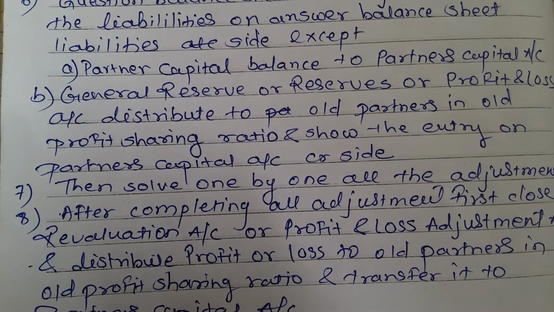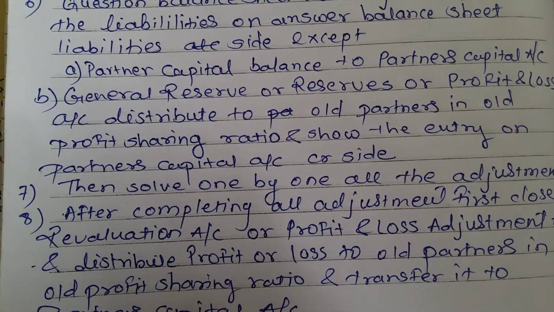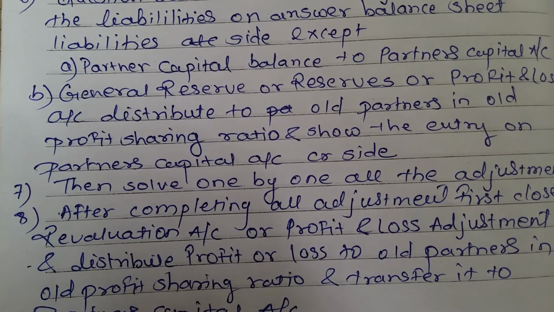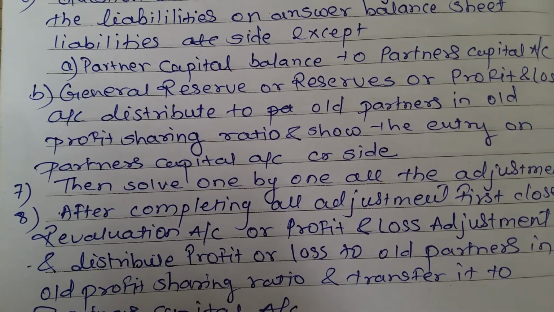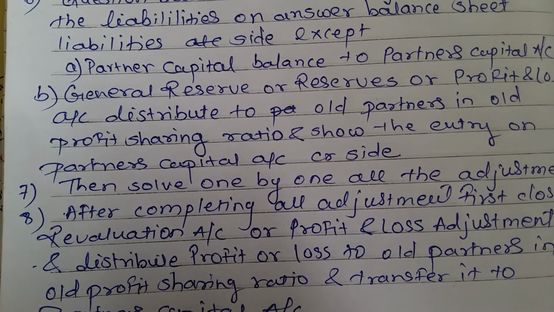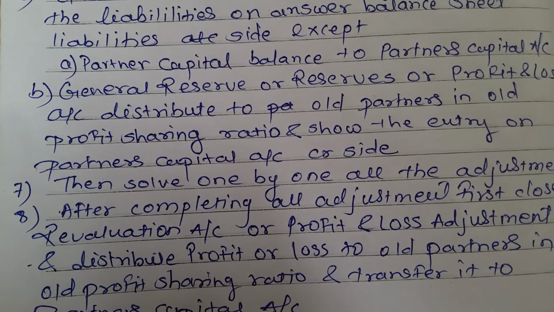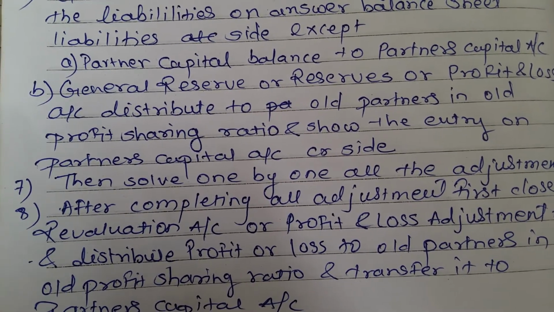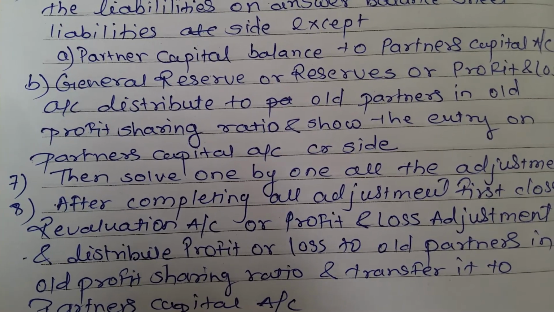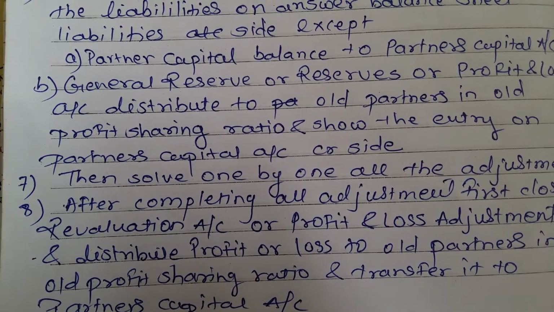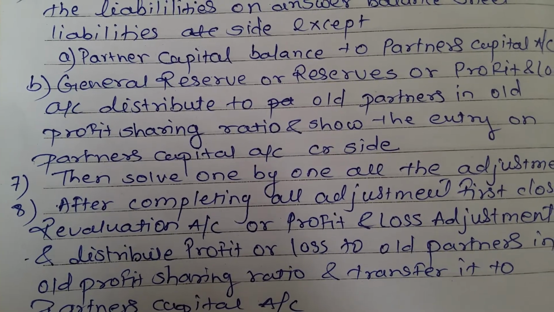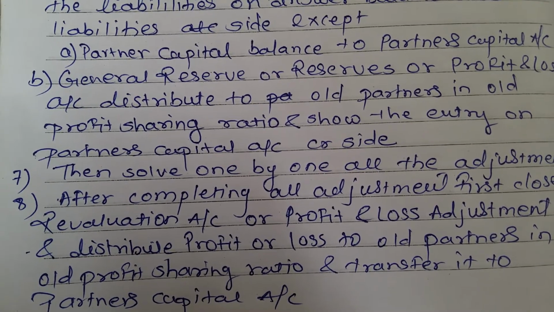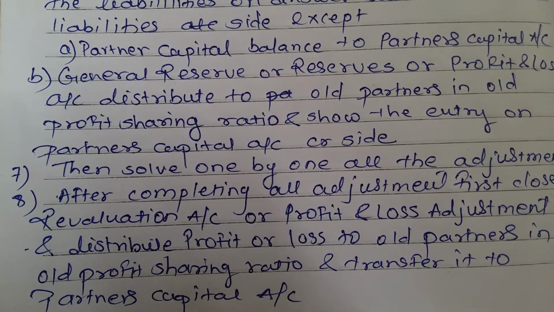Then again, if a general reserve or profit and loss account is given in the question balance sheet, then this will be distributed to all the old partners in the old profit sharing ratio, and you will show this entry on the partners capital account credit side by general reserve or by profit and loss account. And if you want to write the journal entry, then it will be general reserve account debit to partners capital account, right?